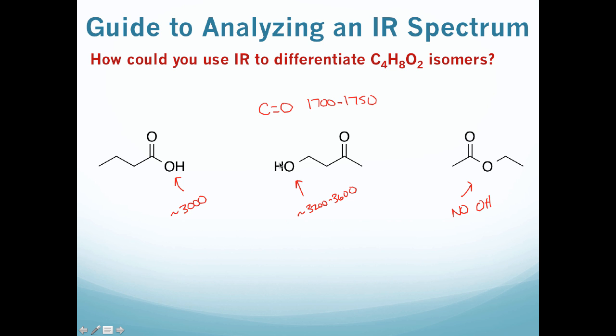Additionally, with this compound, we should see a C sp3 oxygen stretch. With the carboxylic acid, we won't see any C sp3 carbon-oxygen stretch, but we'll see a C sp2 carbon-oxygen stretch, and then in the ester, we'll see both. So we should be able to differentiate the spectra between these three.